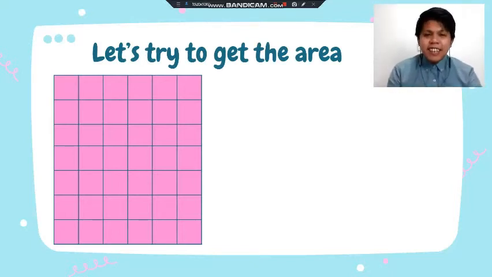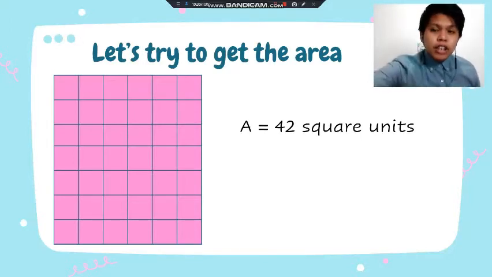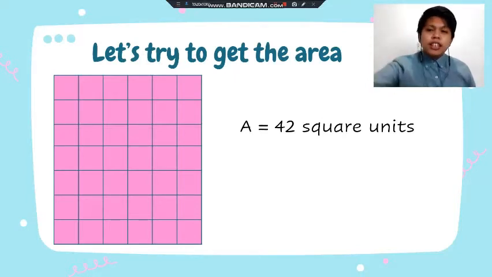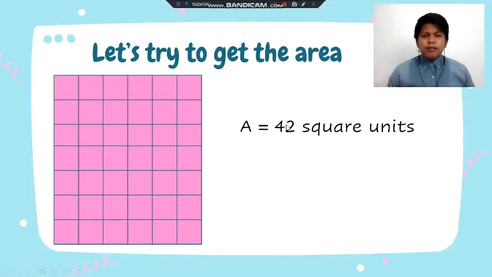Now, the correct answer is 42 squares. So if you counted from the top square unit until the last, it will be 42. But it will take you so much time. Now, what is a way for us to get the area without counting it for so long? What if the shape is so big?